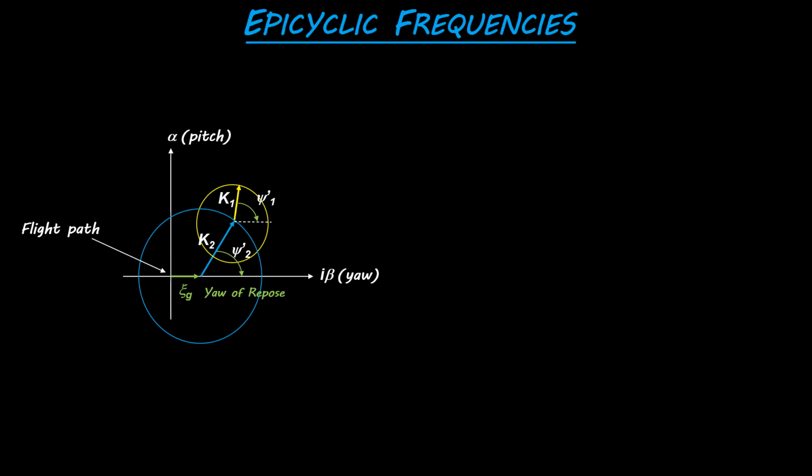So K1 is spinning while it is moving around the end of K2, which is spinning around our yaw of repose, which is a constant offset. And that's going to create that spiral graph idea of just where the nose is wobbling all over the place while this is happening. And this is figure 10.7 out of the text.